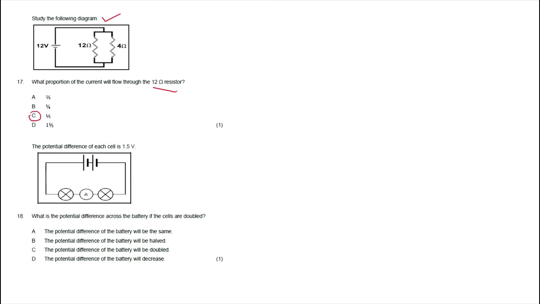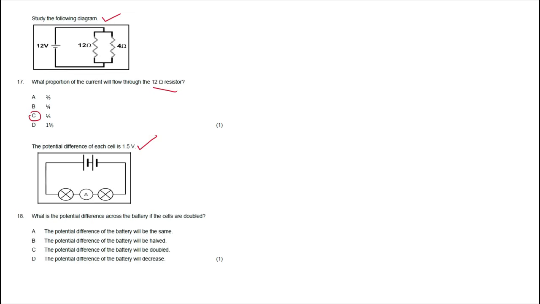Right? And then next, we will move to question 18. So as we can see, the potential difference of each cell is 1.5 V. And the question says, what is the potential difference across the battery if the cells are doubled?